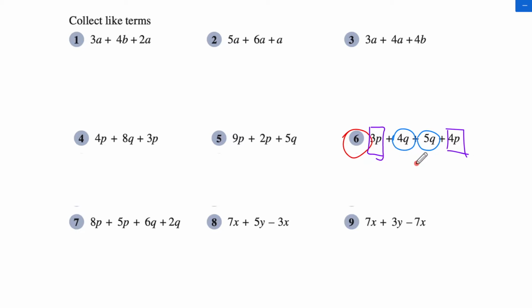Towards the end of this lesson, I'm going to show you also how to work with signs and how they can change the whole equation. Okay, so collecting the like terms, the answer is 7p plus, and the two terms from here, if you add them together, it's 9q. Okay, so that's how you do it.